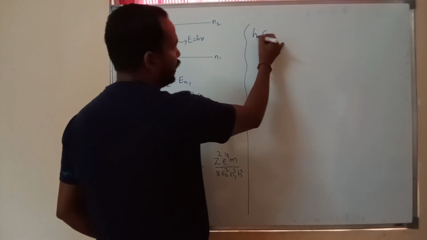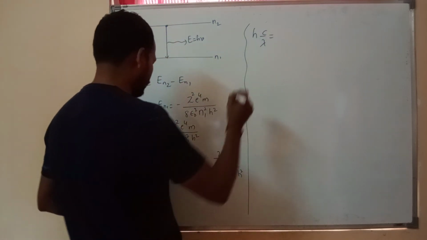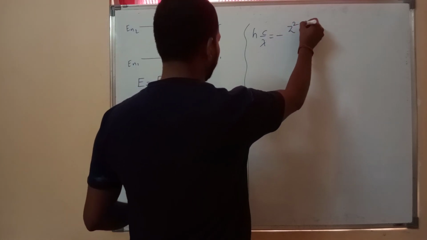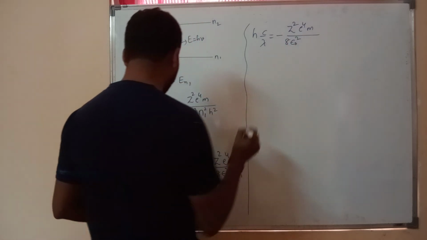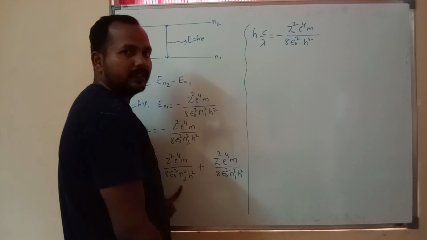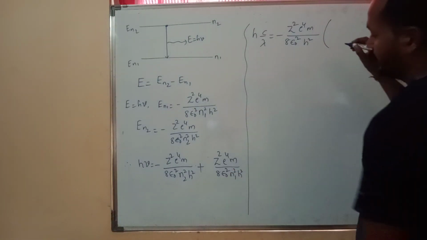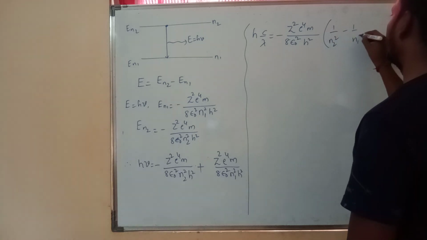From that equation I can write h into c by lambda, which is equal to, out of this, minus Z square e raised to 4 m upon 8 epsilon naught square h square. I will take common, such that the remaining terms are 1 by n2 square minus 1 by n1 square.